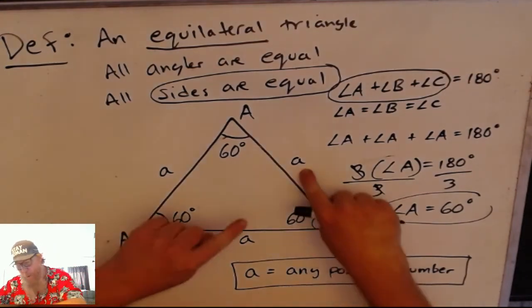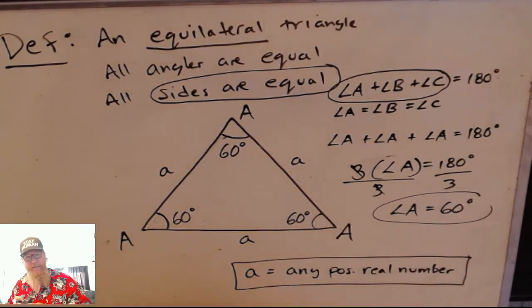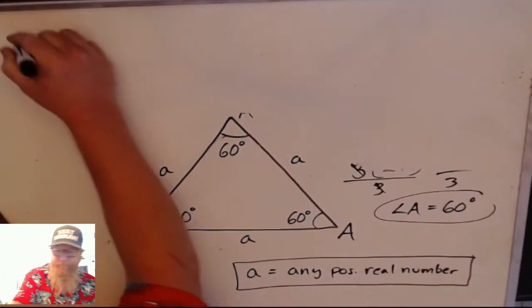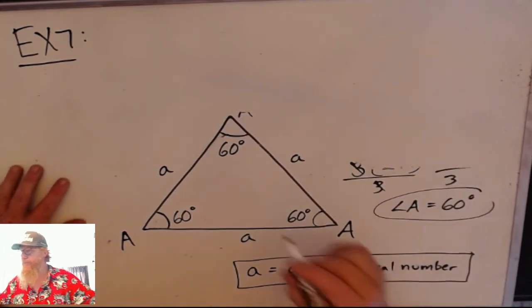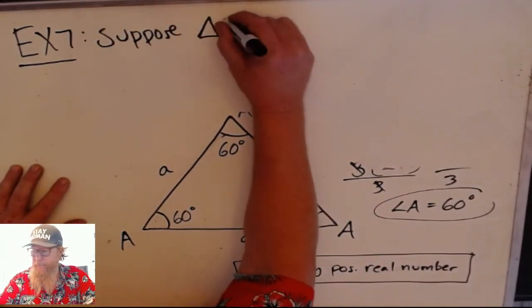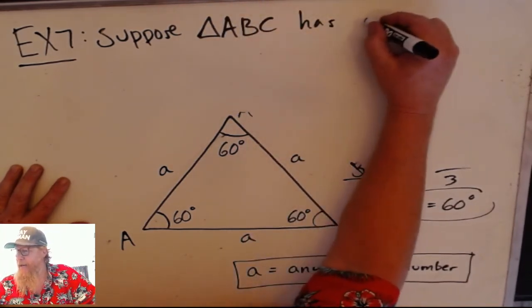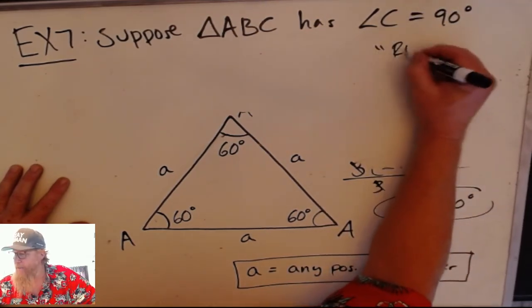And I will give you one of the sides, but I will essentially be giving you all three of the sides. Example 7. Suppose triangle ABC has angle C equal to 90 degrees, also known as a right angle.